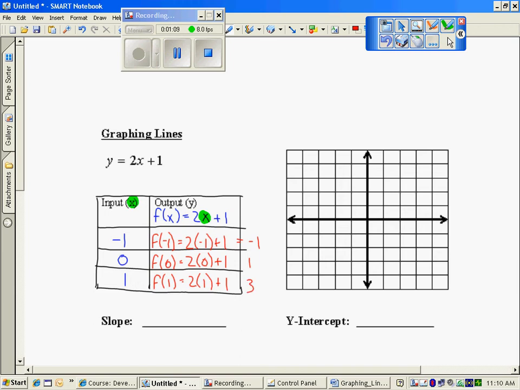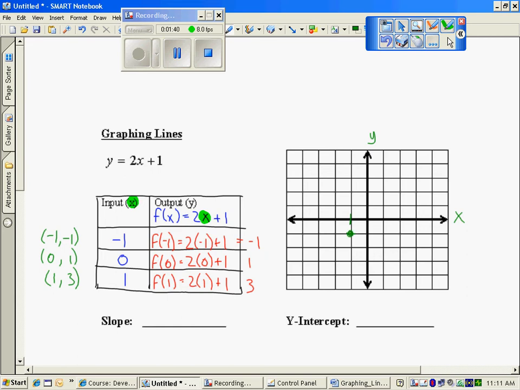So we've just formed some ordered pairs. The ordered pairs that we're going to be graphing happen to be when I put in -1 for an input, I get out -1. When I put 0 in as an input, I get out +1. 1 in as an input, I get out 3. Plotting these on the grid so I can get a picture of this line or function. Plotting -1, -1, x-axis, y-axis. -1, left of 0, -1 in the y, down 1.